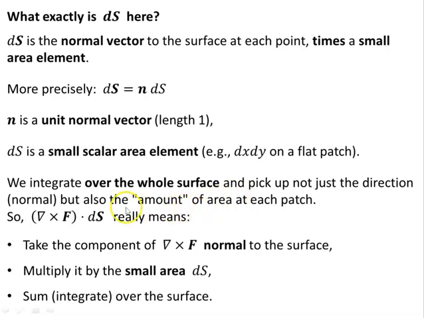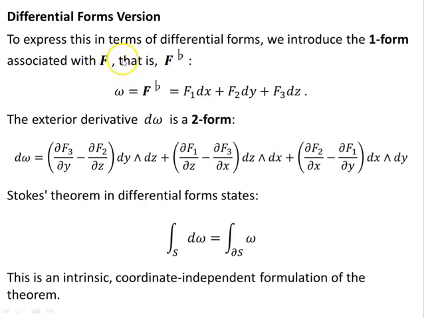So curl of F dot ds really means take the component of the curl of F normal to the surface, multiply it by the small area ds. Okay, later on you'll see it's this. And then sum them over the surface, or integrate over the surface to sum up the total amount. All right, so differential forms version.